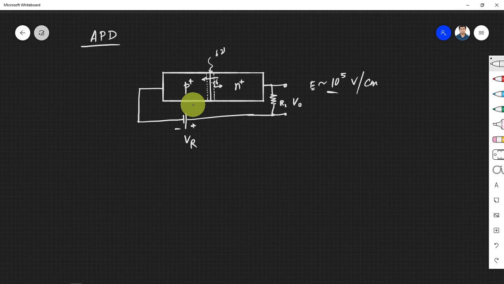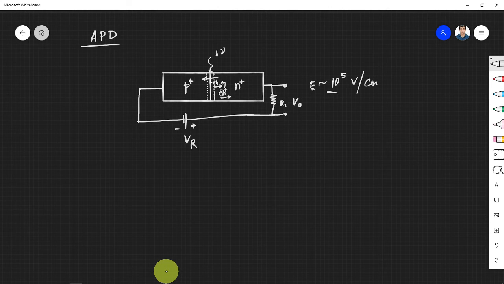It can ionize this atom and create an electron hole pair somewhere here, and then again this electron will accelerate in this direction, the hole will accelerate in the other direction. So now we will have two electrons here, in this position.